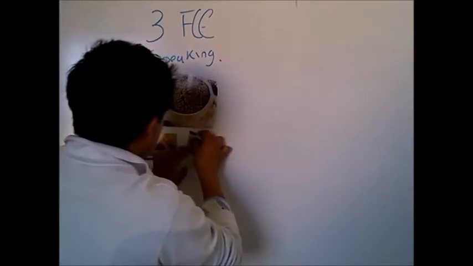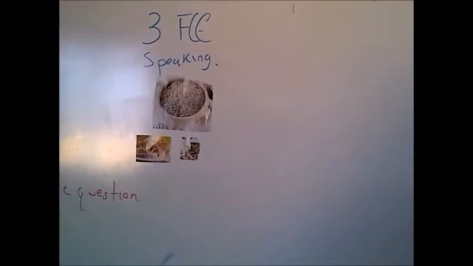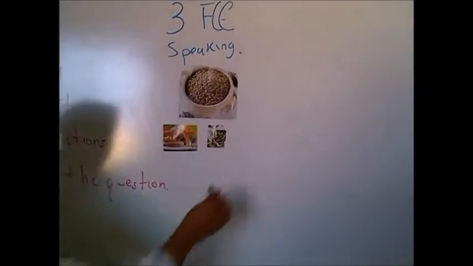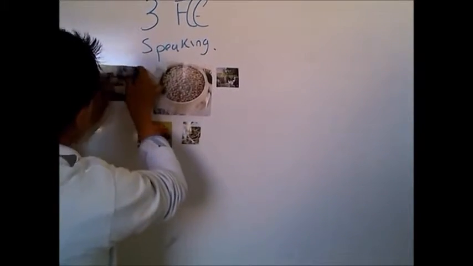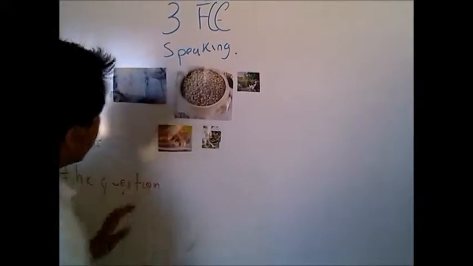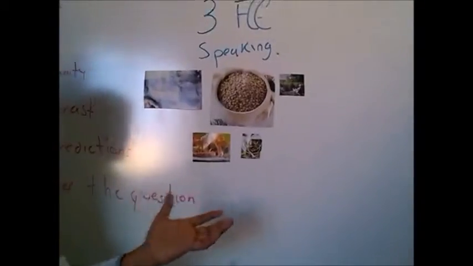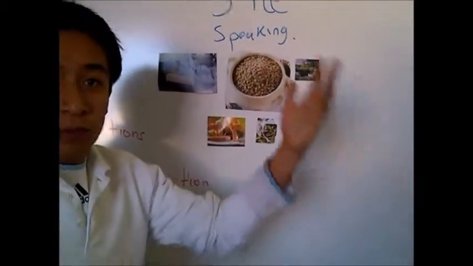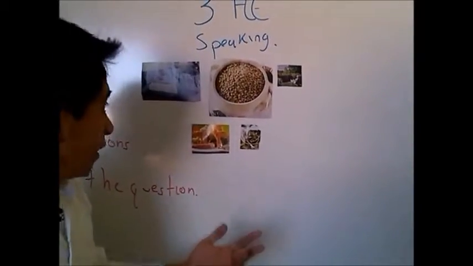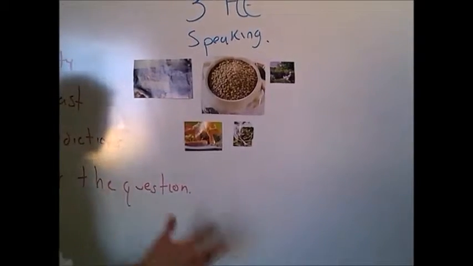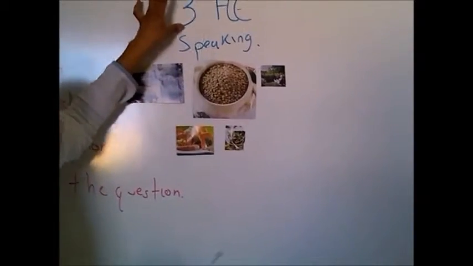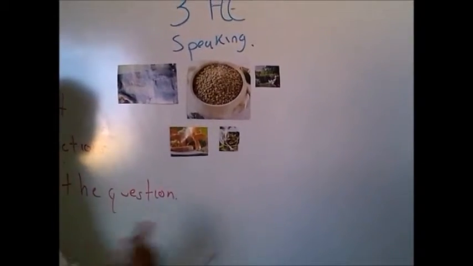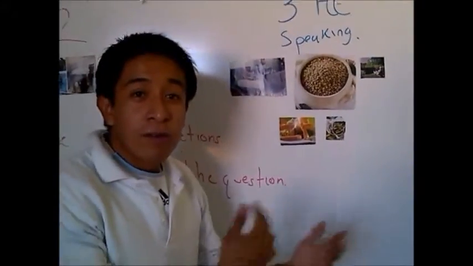But remember that this part is going to be done in pairs. In this part, you have to say your points in favor, say your points against, but mainly the task of the third part is to interact with your partner.